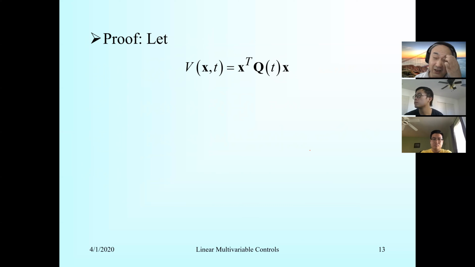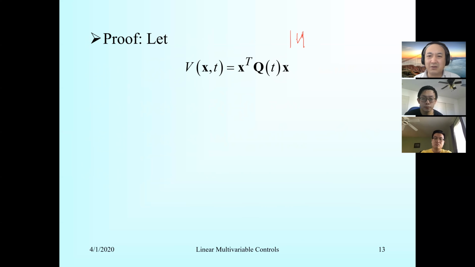So we assume I got a V in quadratic form, and it satisfies the condition that it is bounded by two bounds. V is positive, and we don't have to use the absolute value.